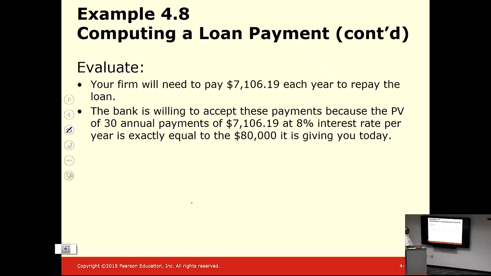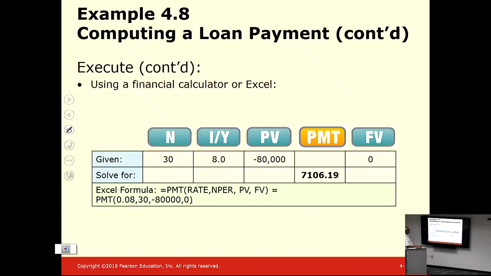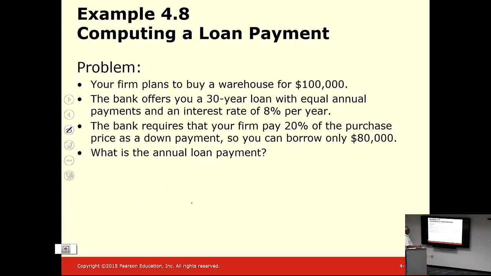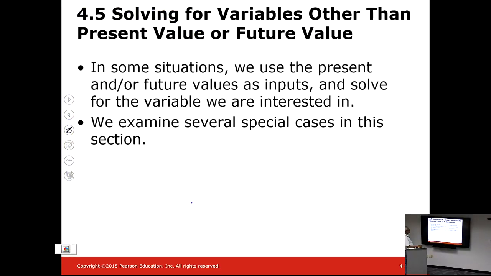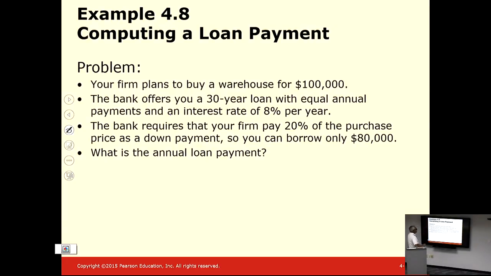Now the last thing we want to look at is something like this over here. Sometimes we have the present value or future value as inputs, but we have to solve for other variables. So for example, over here, you have a 30-year loan. So we know N is 30.